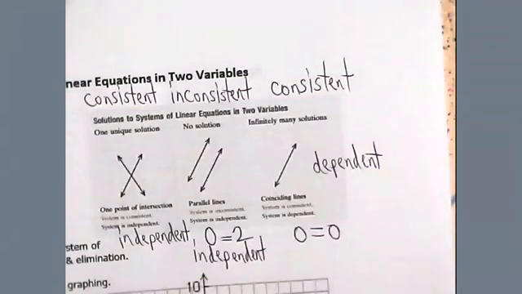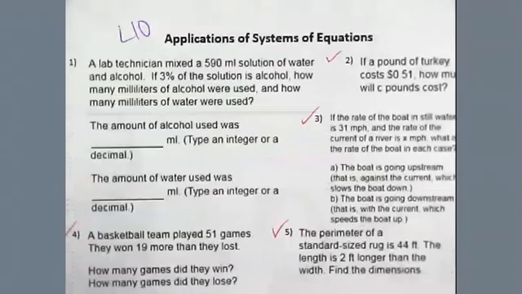Okay, lesson 10 is word problem applications. So let me find my notes and we will go over some of these word problems. We probably won't go over every single word problem, but we'll go over a good majority of them.